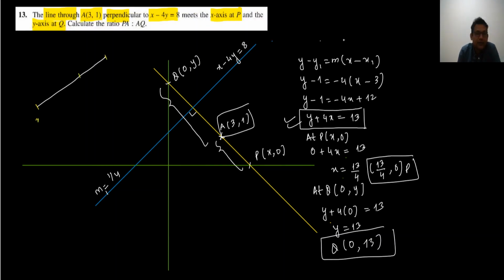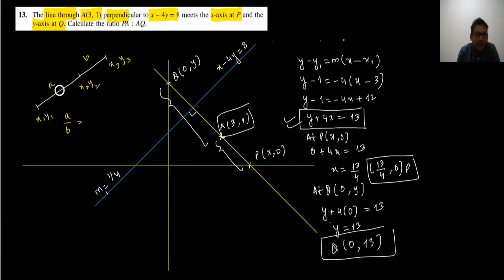This is x1 y1, this is x2 y2, and this is x3 y3. And you want to find the ratio between this part and this part, so a upon b. For a upon b you can use x or you can use y. There is no problem. It's the easiest method.